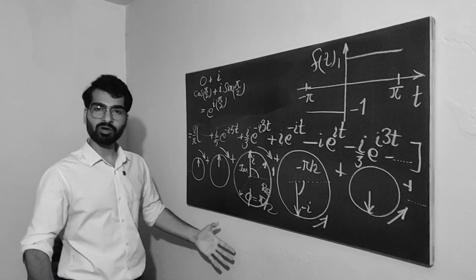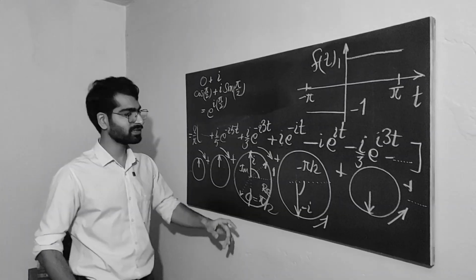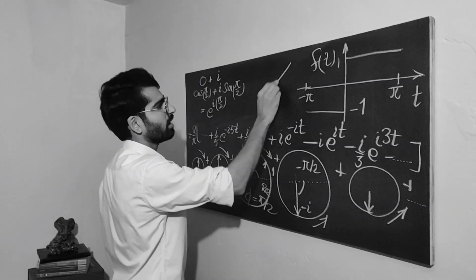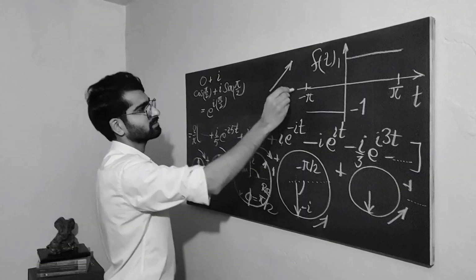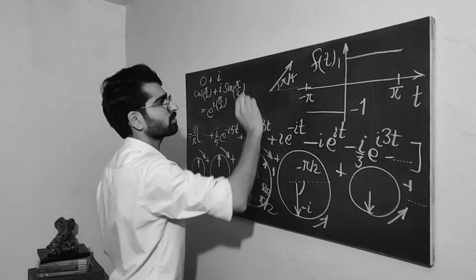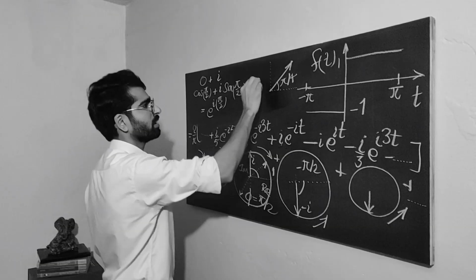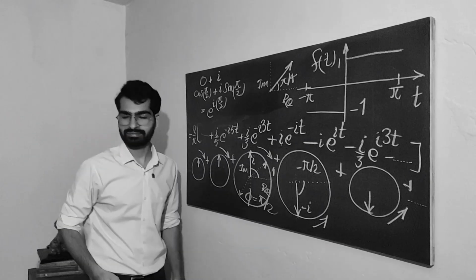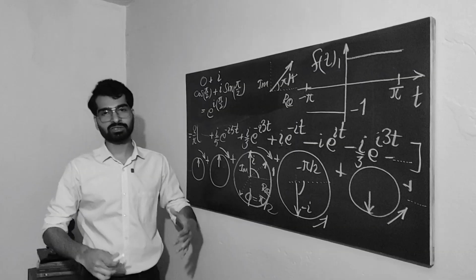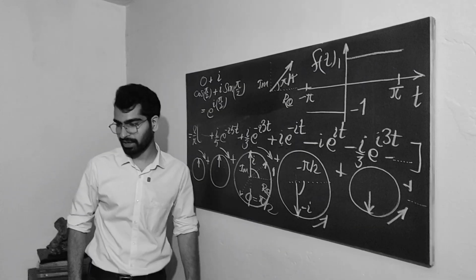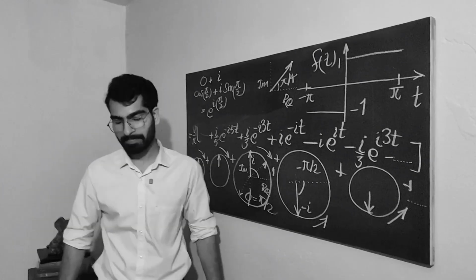Maybe you didn't want to start off at 90 degrees. Maybe you wanted to start at 45 degrees, pi over 4. So this will be your imaginary axis. If you want to start it off at 45 degrees angle at time t equals 0, what then?